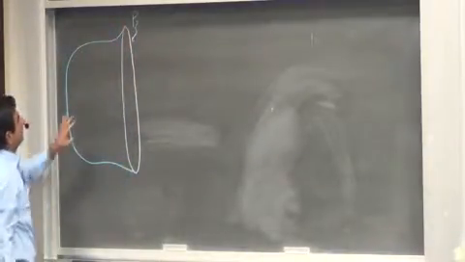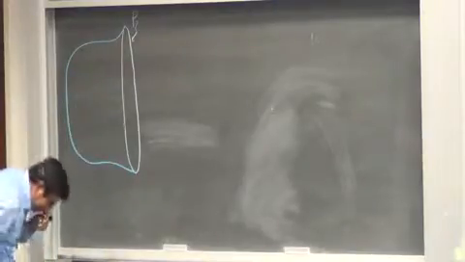Now this path is on the outer edges of this area. I'm equally well qualified to choose this area. I don't have to choose a flat area.